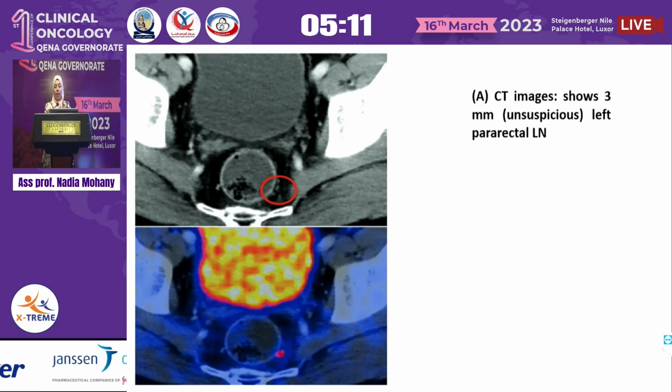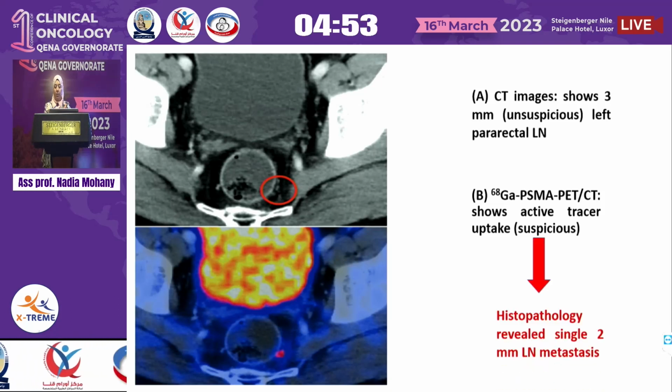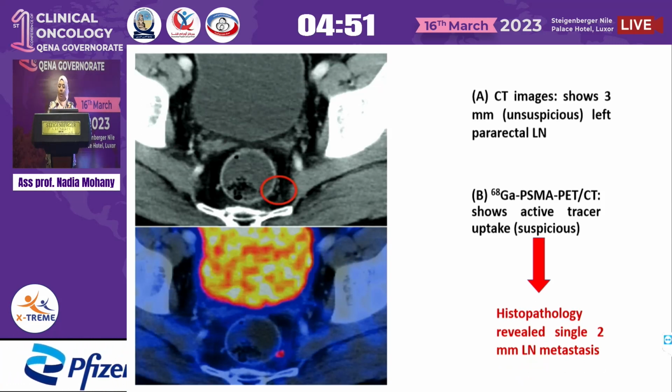The CT component showed an unsuspicious pararectal lymph node, 3 millimeters, while PET revealed positive PSMA uptake, so it is suspicious, and it was confirmed on histopathological examination to be lymph nodal metastasis.